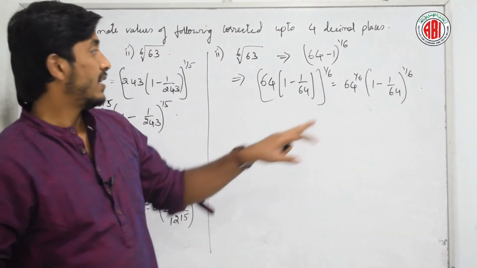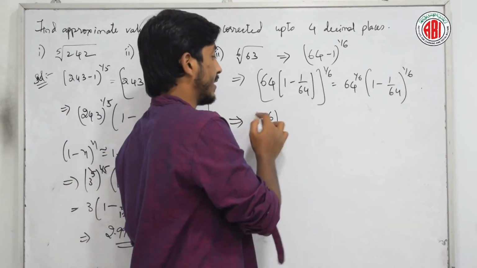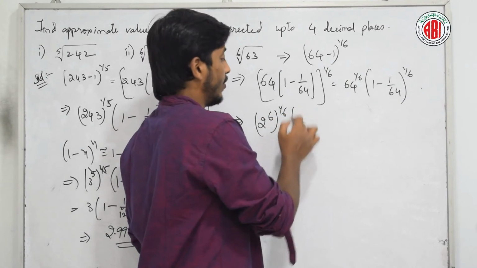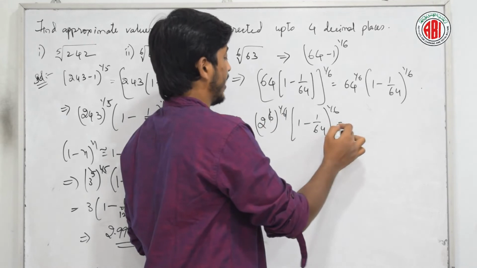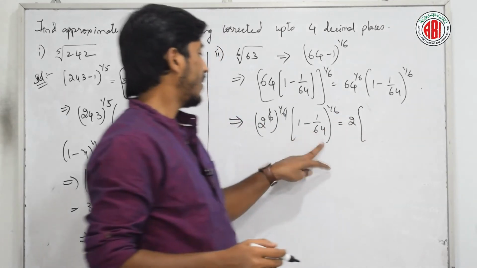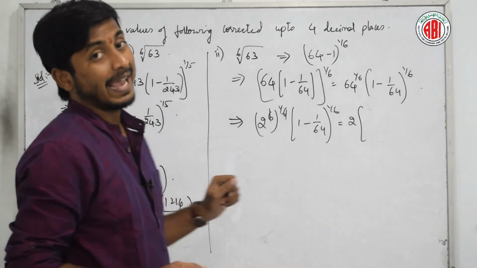Now 64 can be written as 2 power 6, isn't it? So 64 power 1 by 6 will get cancelled, I will be left with 2. The same formula: 1 minus x whole power n can be approximated as 1 minus nx.